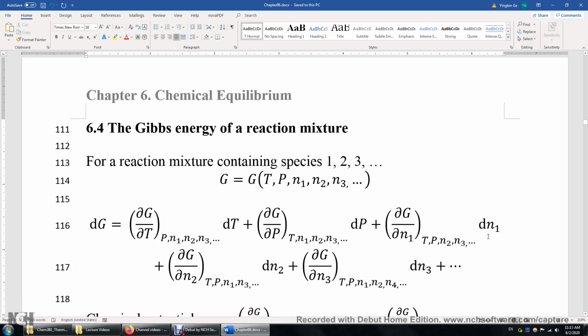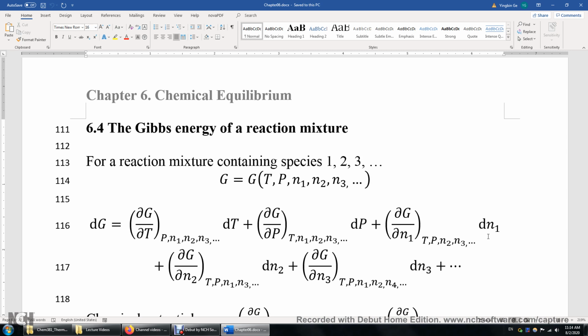Section 6.4, the Gibbs energy of a reaction mixture. For a chemical reaction that contains species 1, 2, 3, etc., the Gibbs energy of the total reaction mixture depends not only on temperature and pressure, but also on the changing number of moles of every single species.